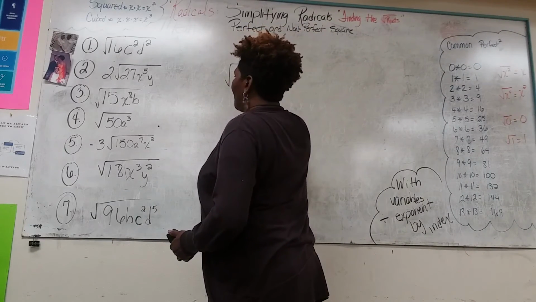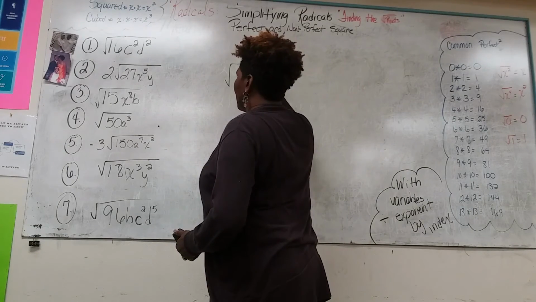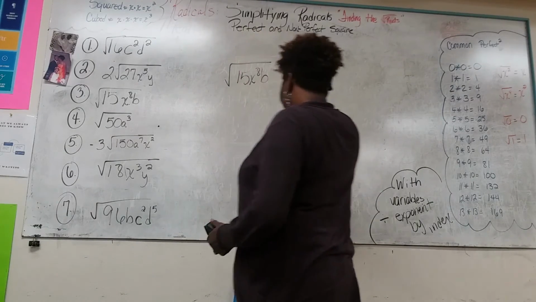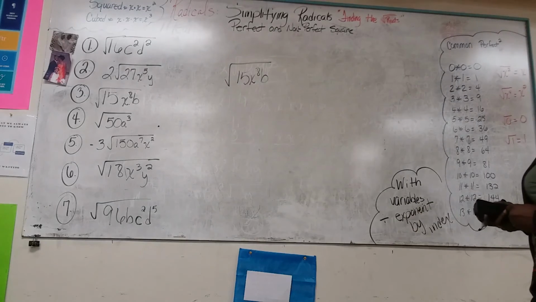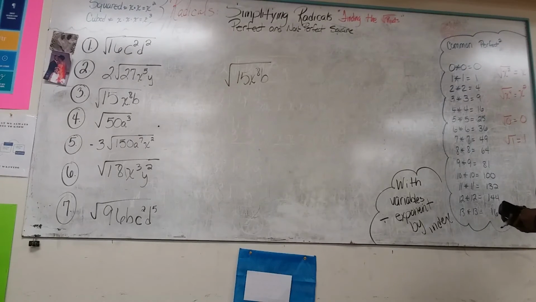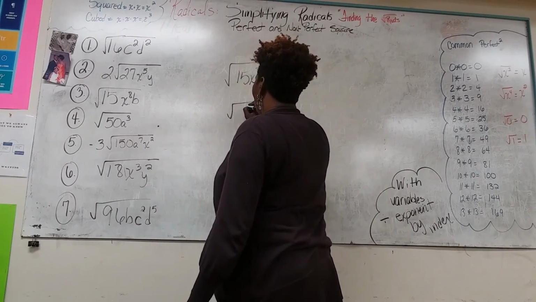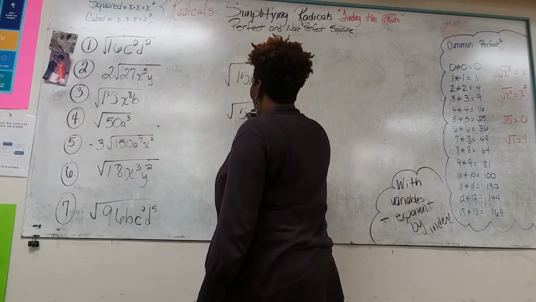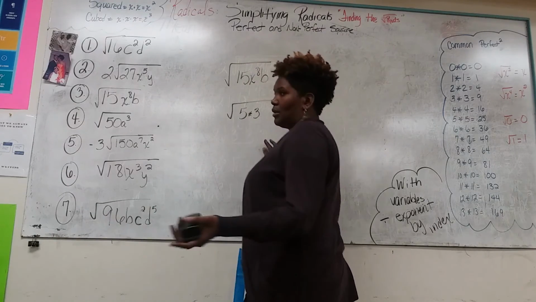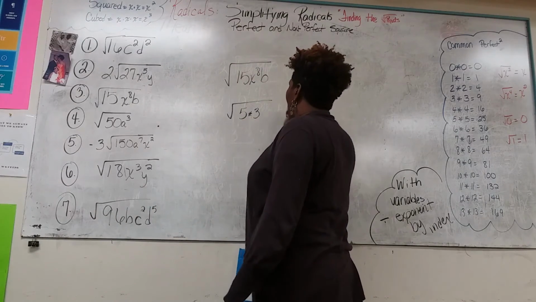Square root of 15x to the 8b. All right. Does 15 have a perfect square? It does not. Let me prove it. 15 would be like saying 5 times 3. Neither one of those are perfect squares.